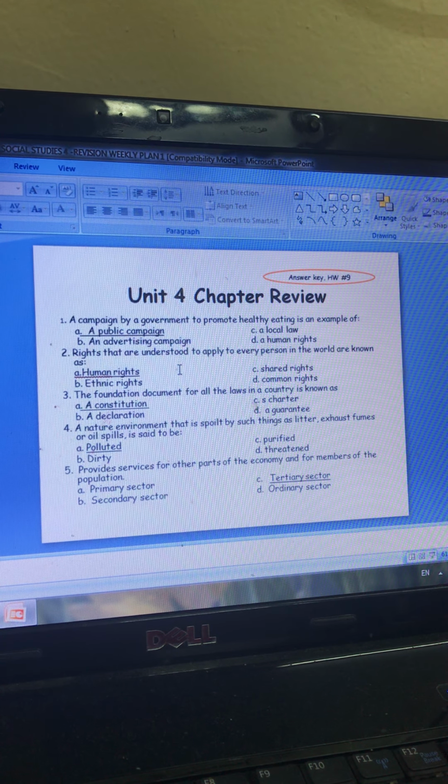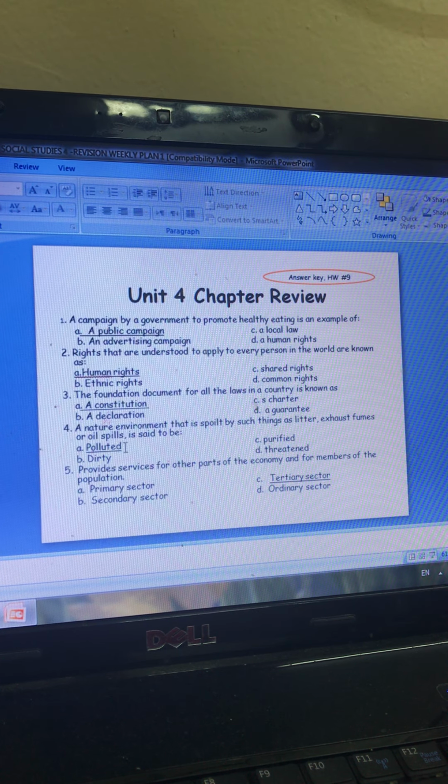A campaign of a government to promote healthy eating is an example of a public campaign. Rights that are understood to apply to every person in the world are known as human rights. The foundation document for all the laws in a country is known as the constitution.